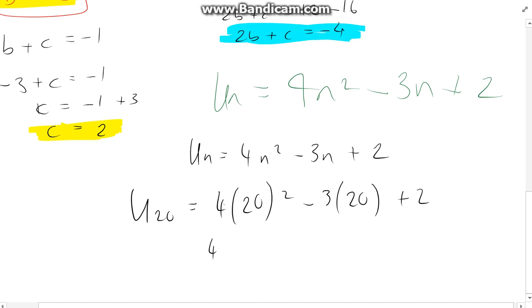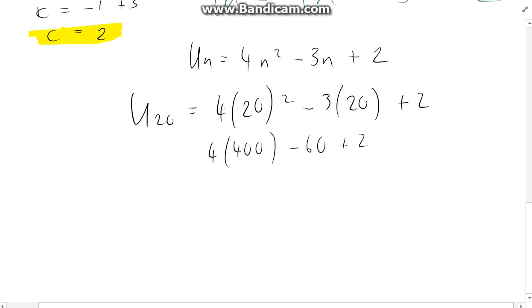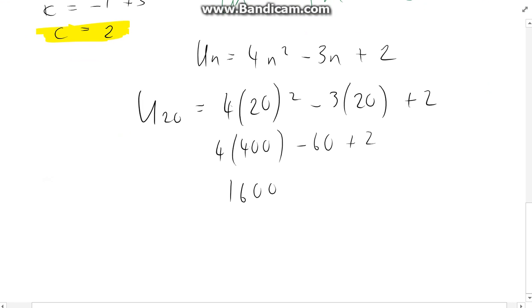So we'll have 4 times 20 by 20, so 20 squared is 400, minus 60 plus 2. So we'd have 1600 minus 60 plus 2. So it'd be 1542. So u20, the 20th term of that sequence, would be 1542.